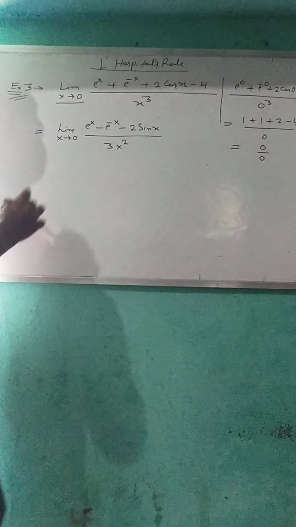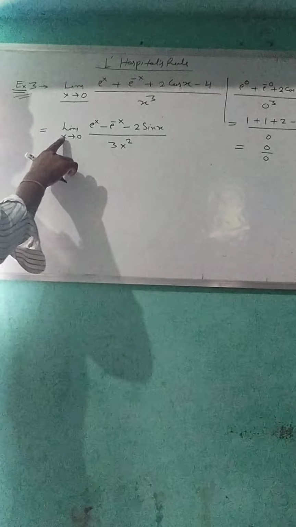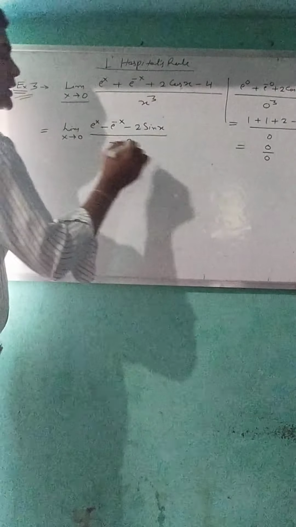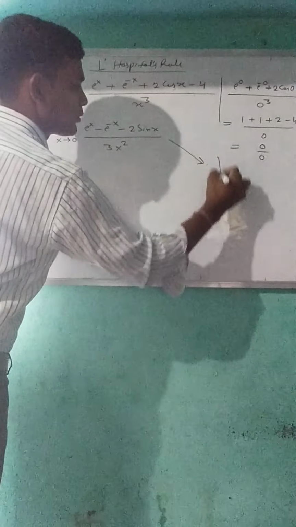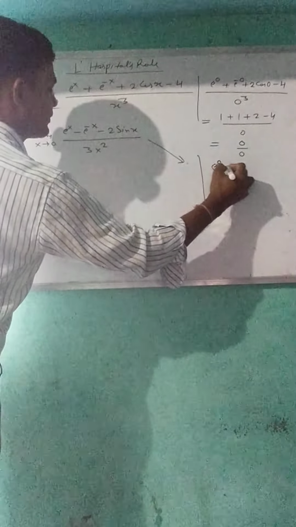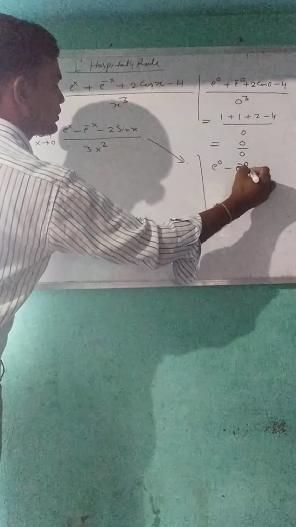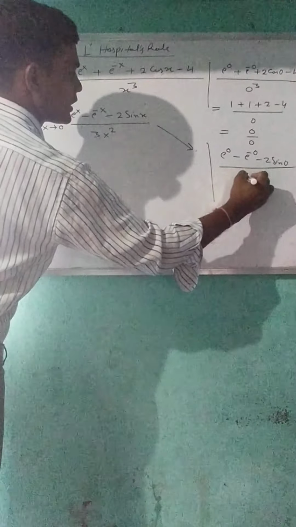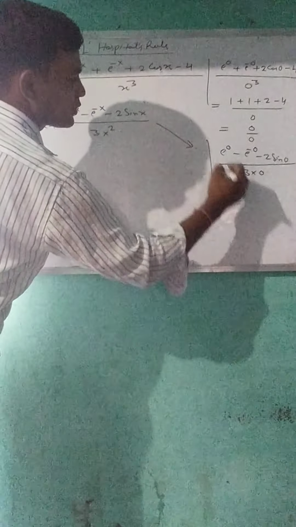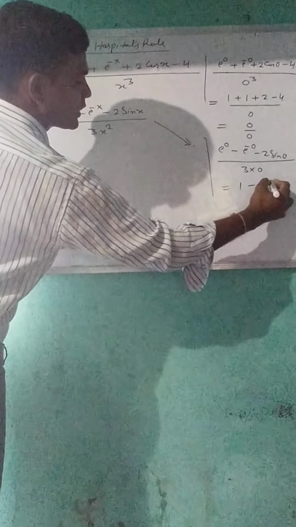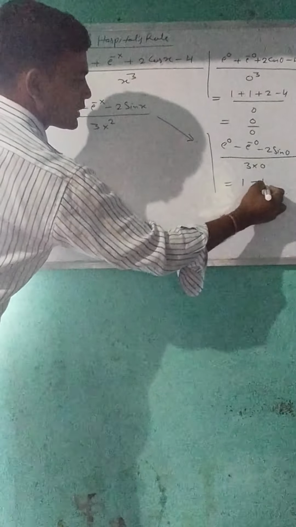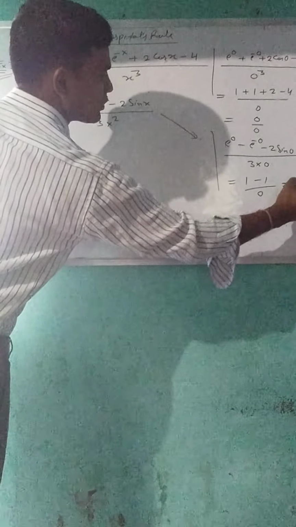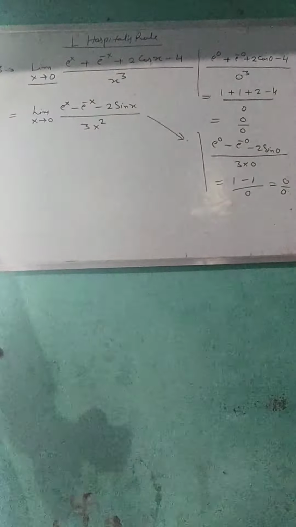Again applying the limit x tends to 0, the form is e to the power 0 minus e to the power minus 0 minus 2 sine 0 upon 3 into 0. E to the power 0 is 1, this is minus 1, sine 0 is 0, upon 0. So it is 0 upon 0. Again the form is 0 upon 0.